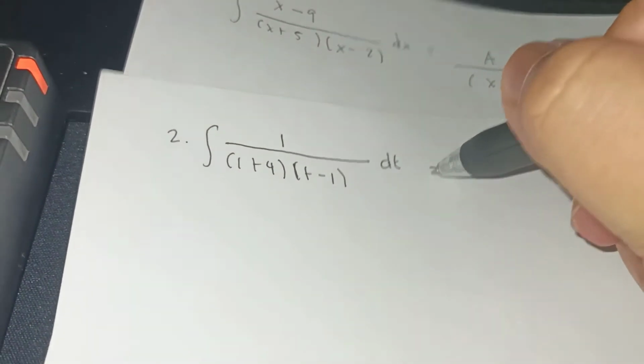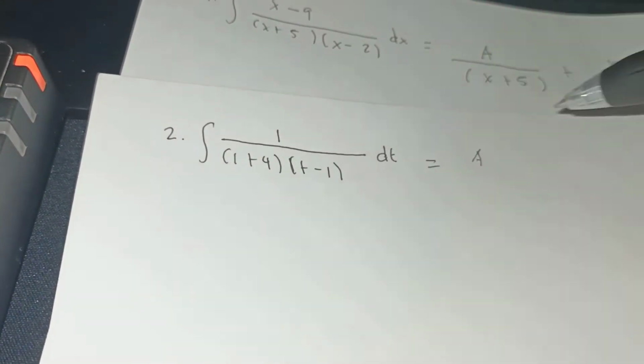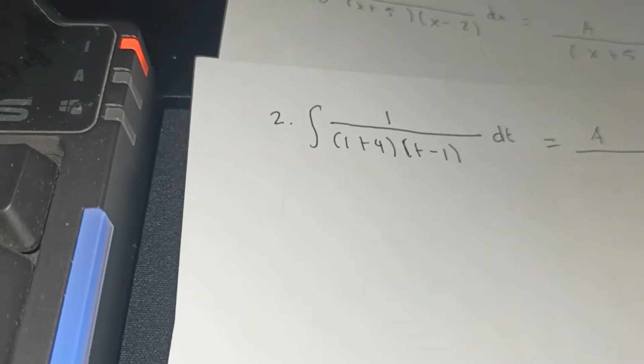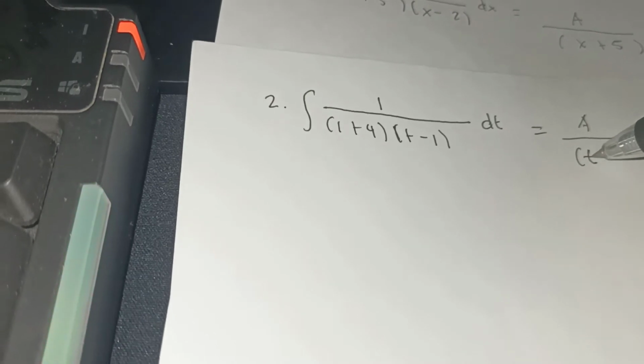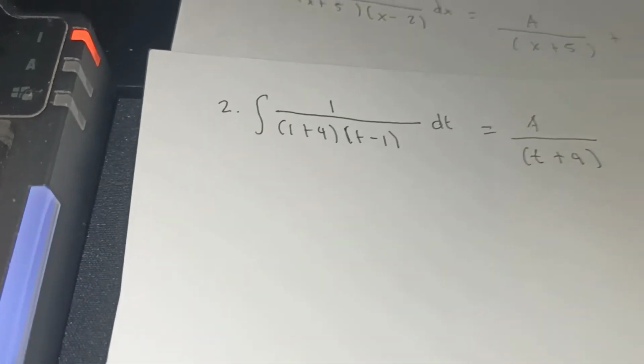First thing we do, separate the two factors in the denominator. A over t plus 4 plus B over t minus 1.